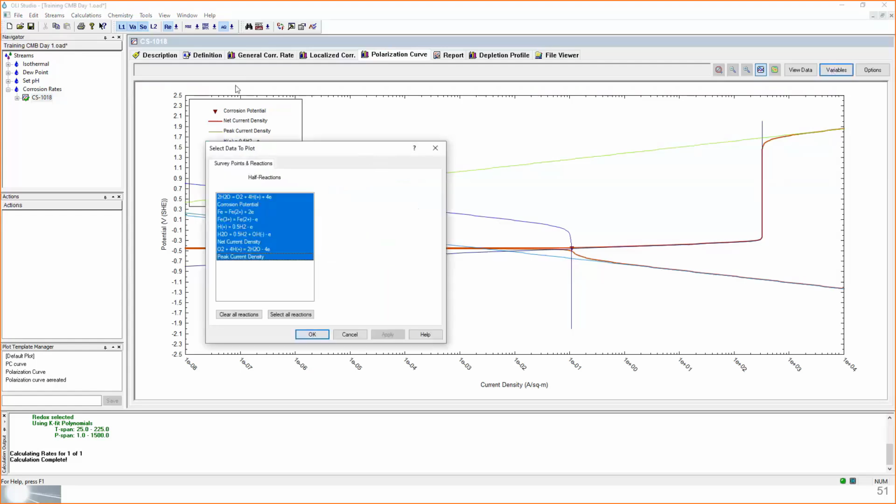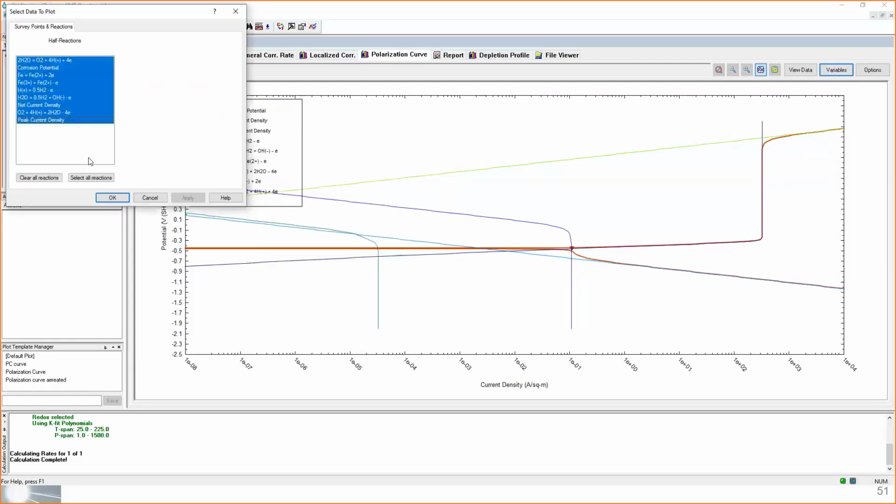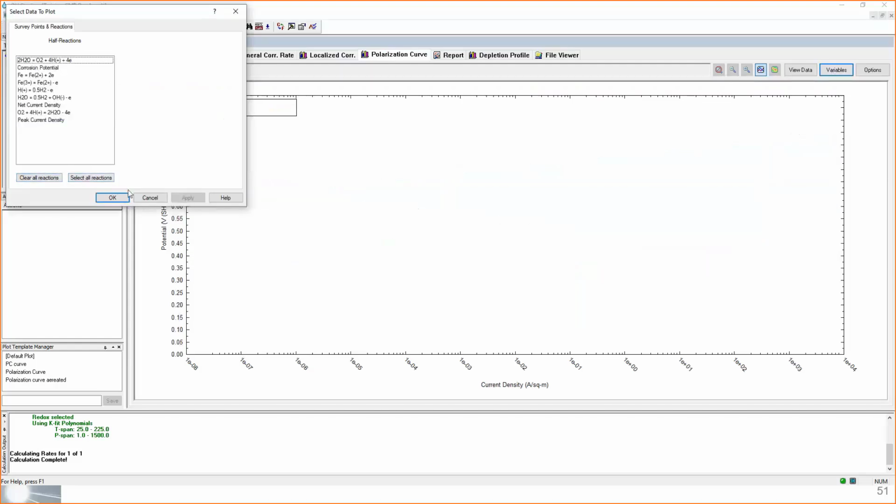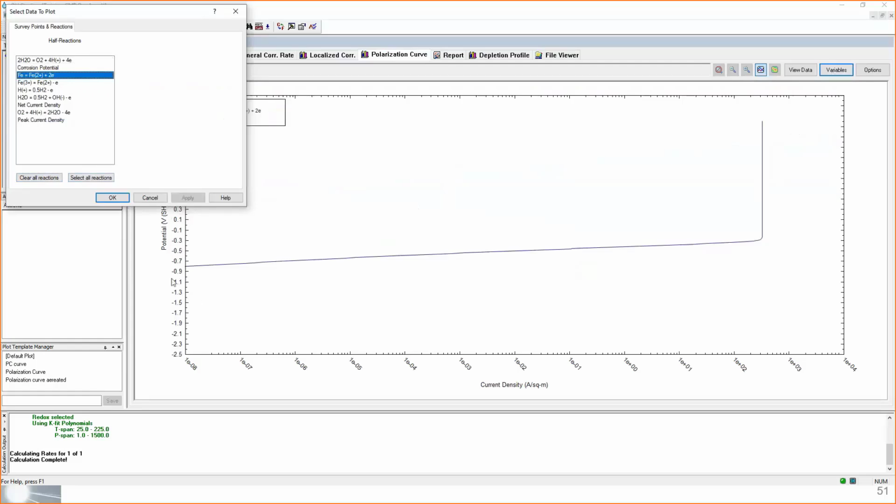So let's say I want to understand, and we will go through this next class as well, just to understand it in more detail. So let's say we want to understand what is the oxidation behavior of the carbon steel. So that is my oxidation half reaction of iron.